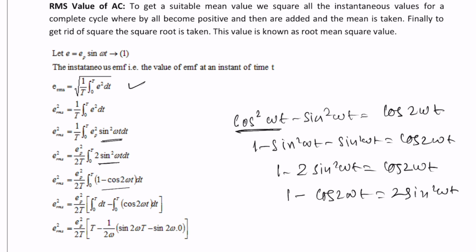So 1 minus cos 2 omega t, the 2 comes here, and this is sin square omega t. So 2 sin square omega t is written as 1 minus cos 2 omega t, and then the integration of cos 2 omega t, we already know, is sin 2 omega t by 2 omega, where 2 omega is the multiple, and then put the values.